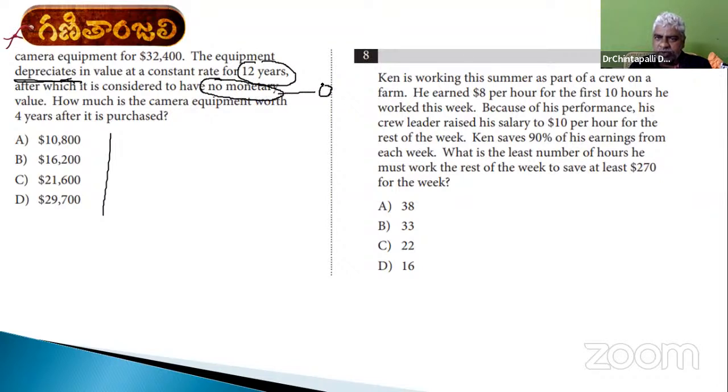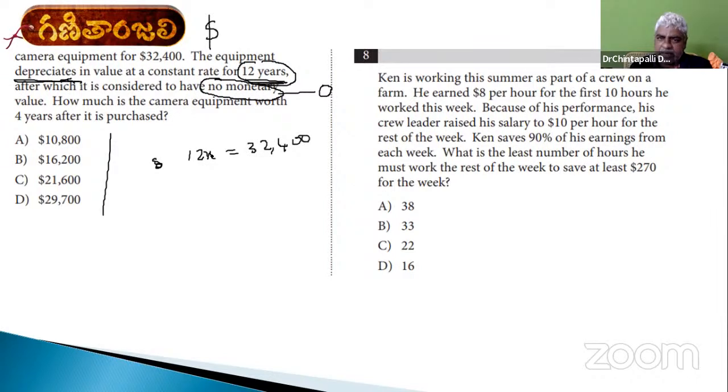Let its depreciation value be x dollars per year. After 12 years, its value is zero. That means 12x must be equal to 32,400.